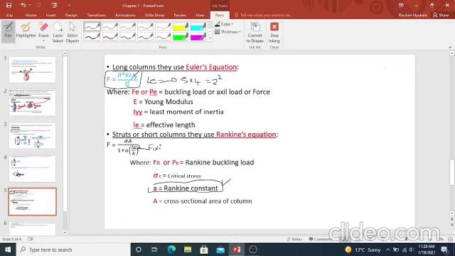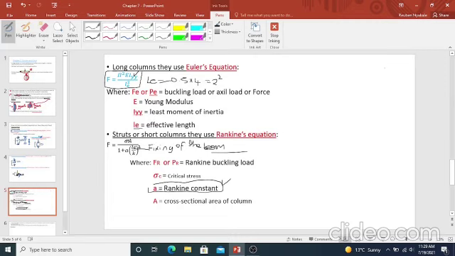It depends on the fixing of the beam, good people. It doesn't matter whether it's Rankine or Euler, it deals with the fixing of the beam.